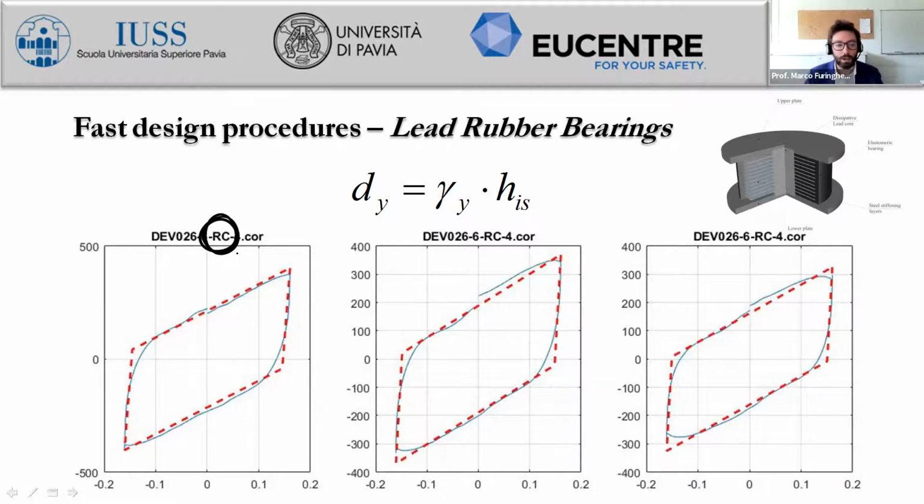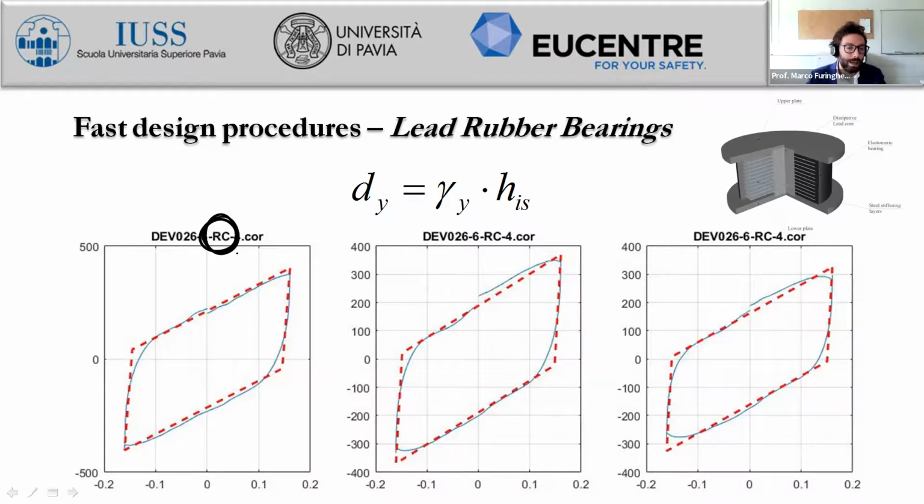Now you know the meaning of RC, which is repeated cyclic, provided by the European Standard Code for anti-seismic devices. And the script was able to isolate each cycle for each dynamic test, as we did.